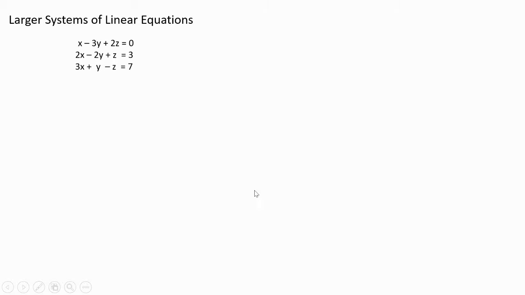Here we go. Equations 1 and 2. So I'm going to multiply equation 1 by -2. -2 times x, -2 times -3y, -2 times 2z, and -2 times 0 gives us -2x plus 6y minus 4z equals 0.